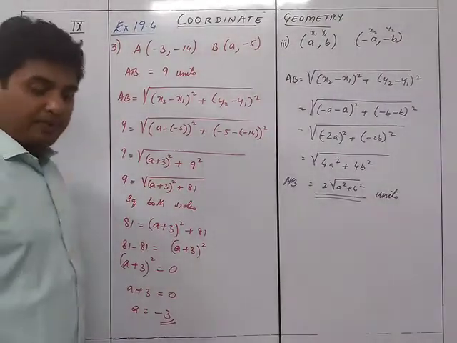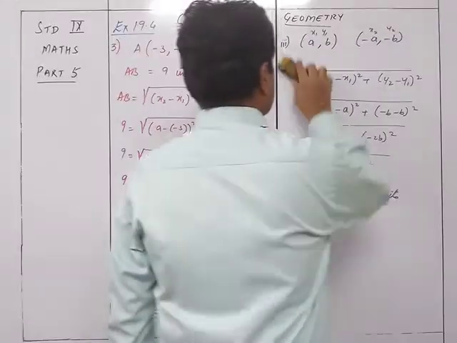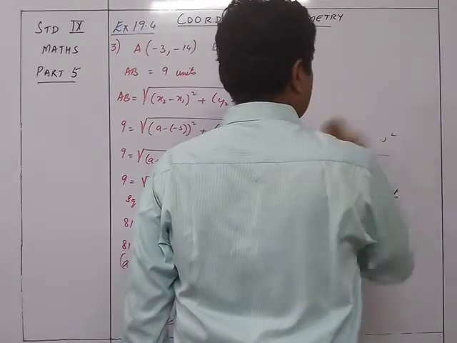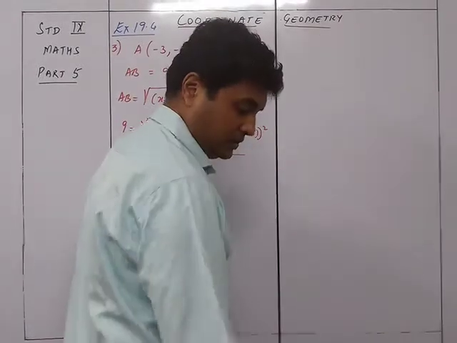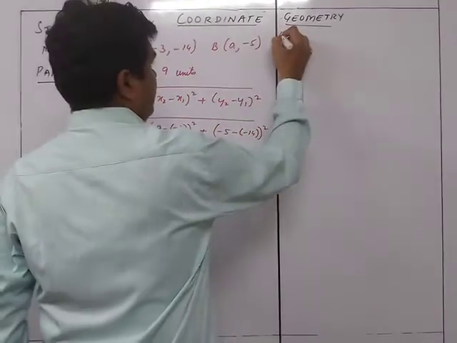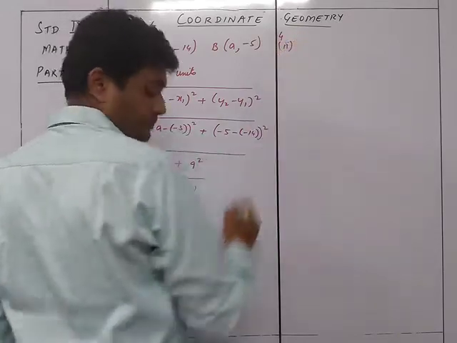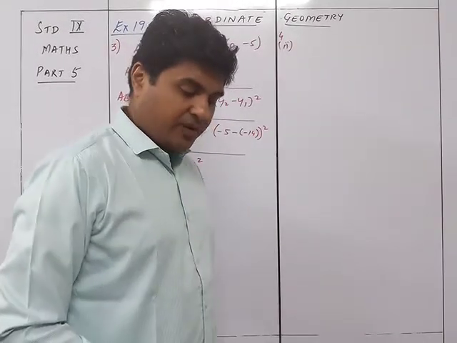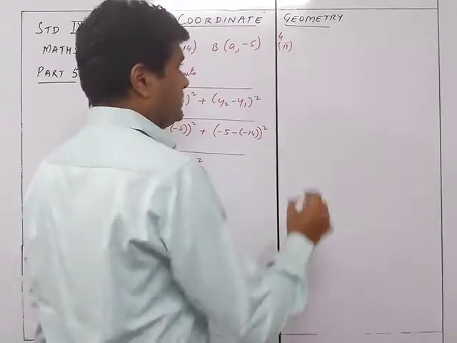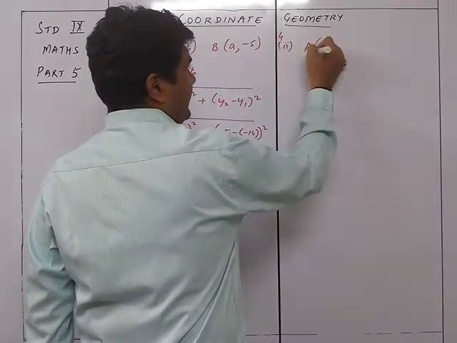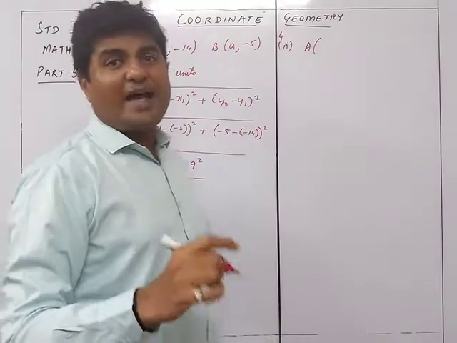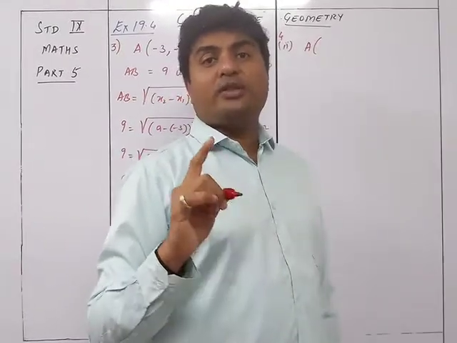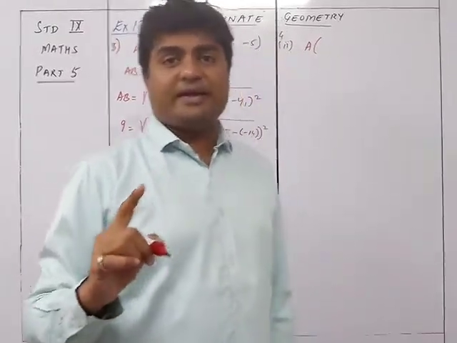Now we move on to sum number 4, the second sum. Find points on the y-axis. That means that A is, now it is on the y-axis. Whenever any point is on the y-axis, its x coordinate is 0.